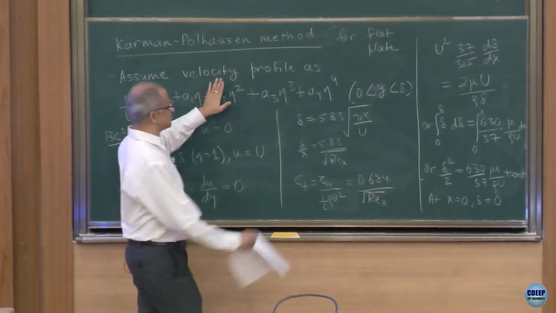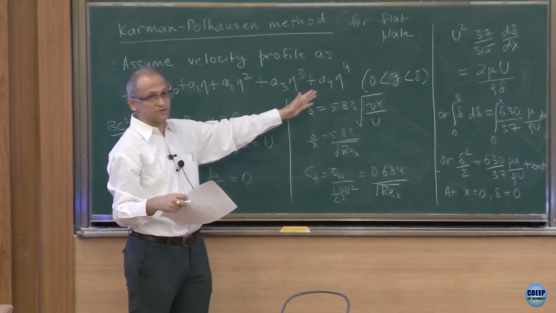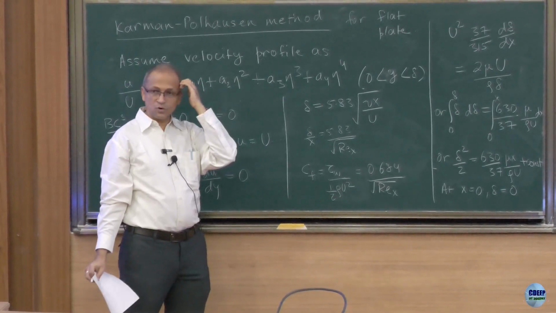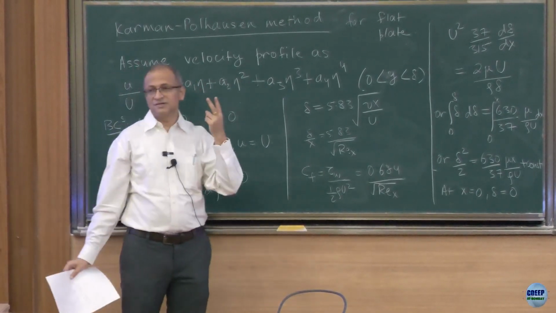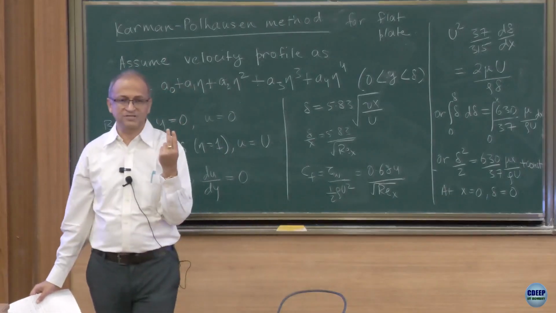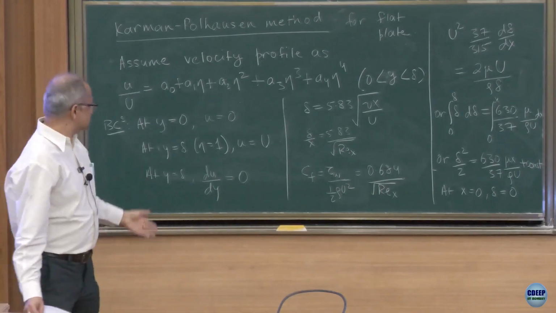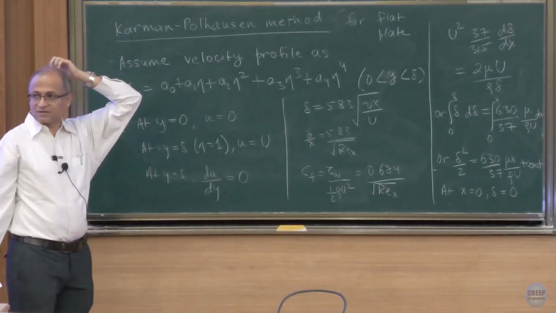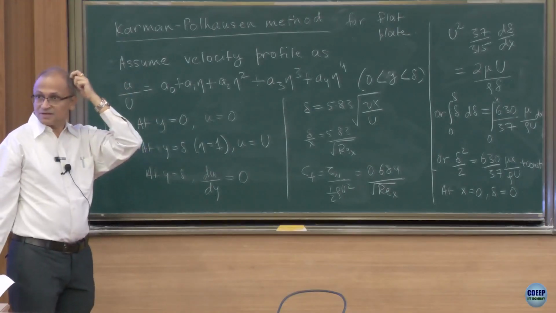I'm not including A2, A3, A4, so I have only two constants and should use two conditions. You can argue that all these 5 conditions are applicable, so I should be able to choose any 2 conditions.